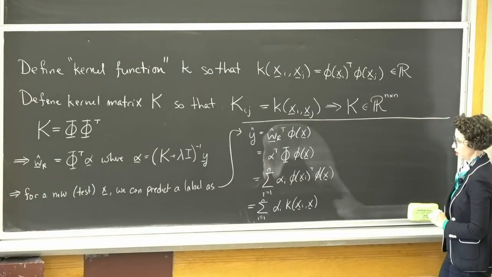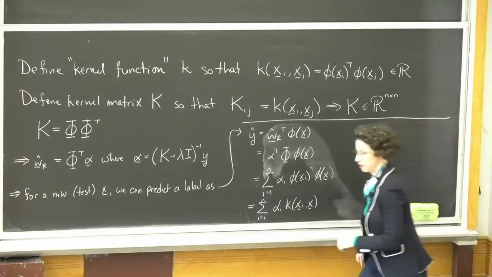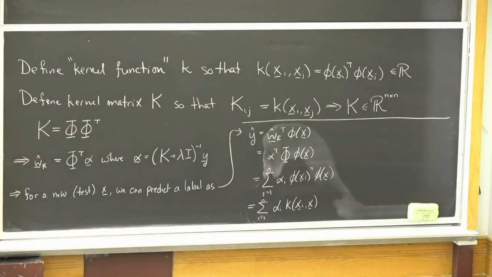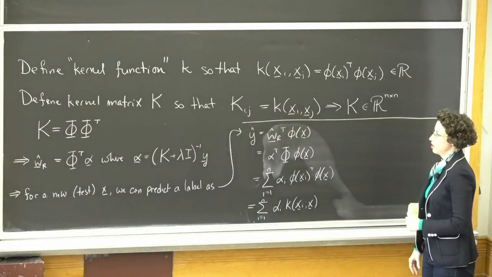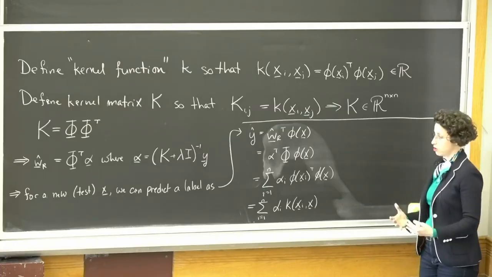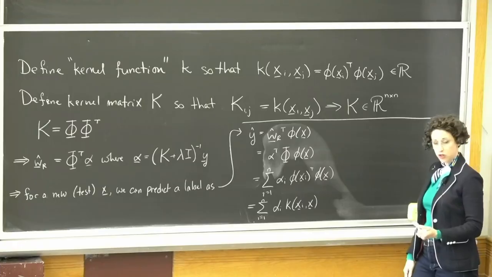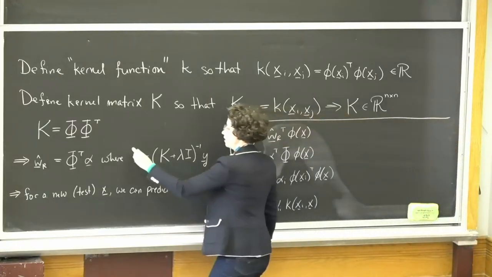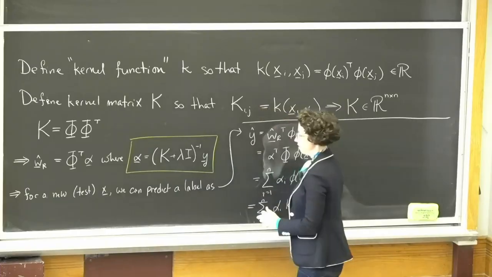If we think about what's happening here, I'm saying that once we've computed our kernel matrix and we've got this kernel function, I can take my training data and I can compute this vector of weights alpha.